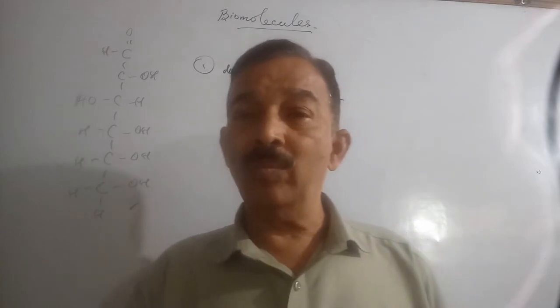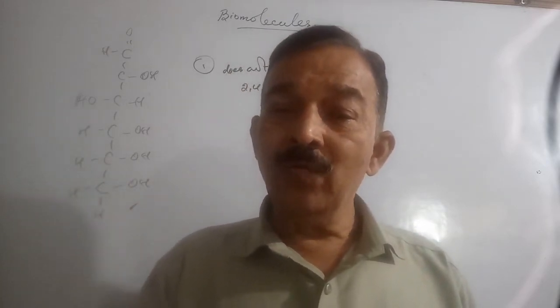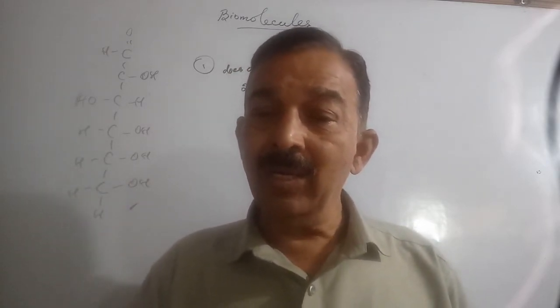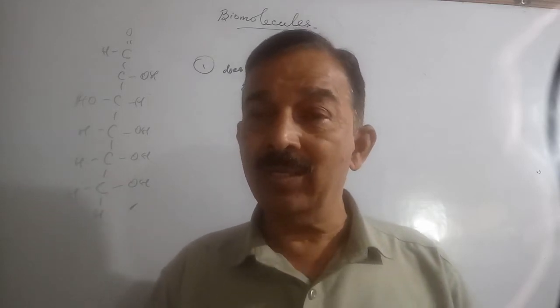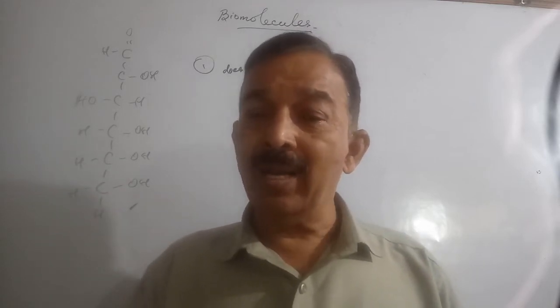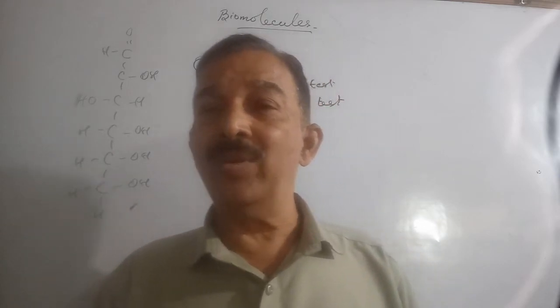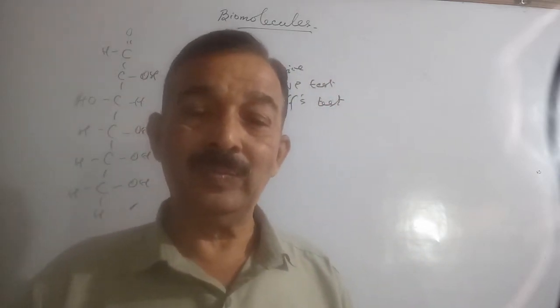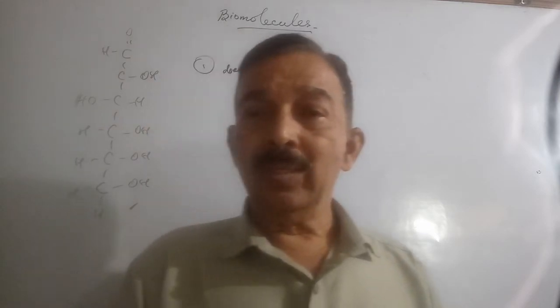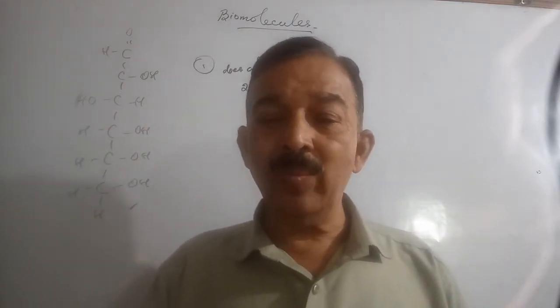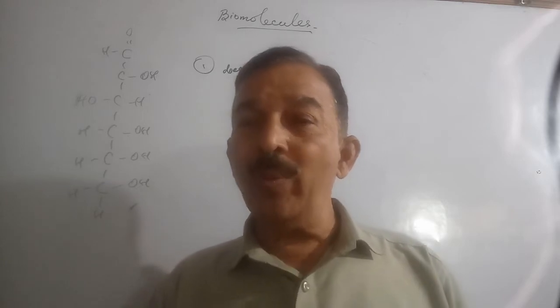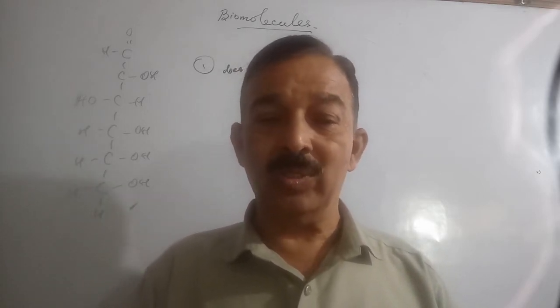While the beta form, whose melting point is 423 Kelvin, is obtained by crystallization from hot and saturated aqueous solution of glucose at 371 Kelvin. This behavior could not be explained by the open chain structure of glucose.